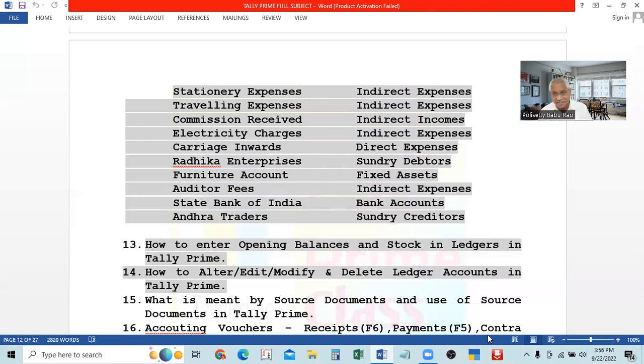Signing means authorizing. So it is prepared by the accountant, and authorized by the owner, or any authorized general manager, manager or partner. Any one of the partners can accept. Owner means a single owner, proprietor or partner. They have to sign the document called the voucher.